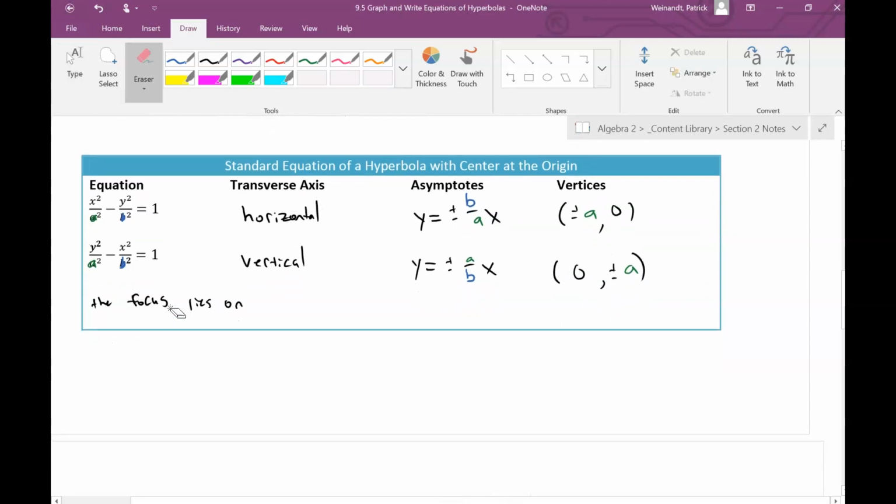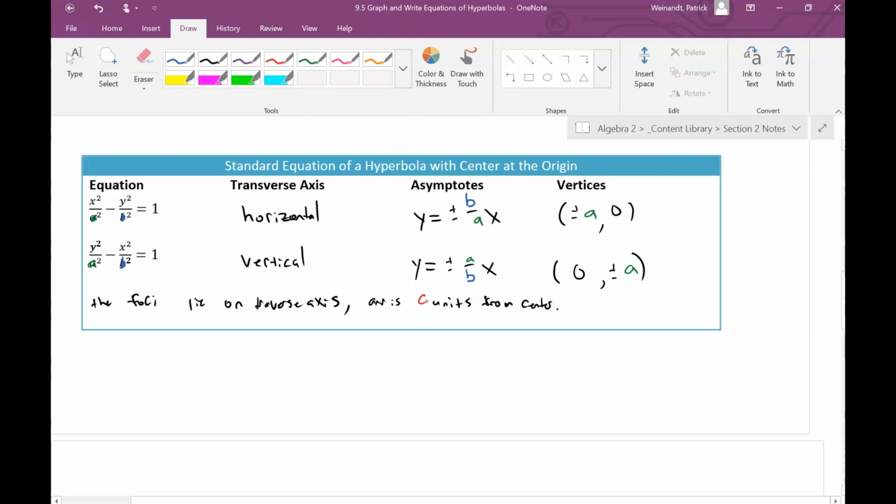I guess I should say foci. The foci lie on the transverse axis, and each is c from the center. In our case, the center will be the origin. It's c units from the center.